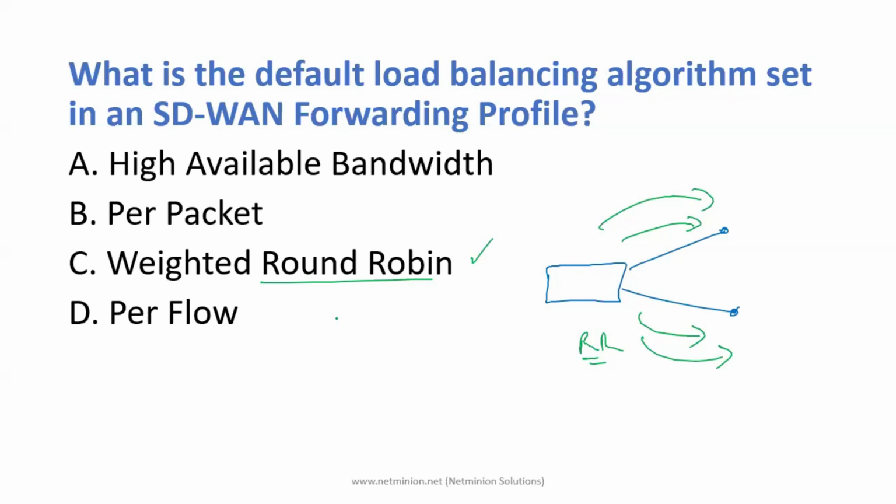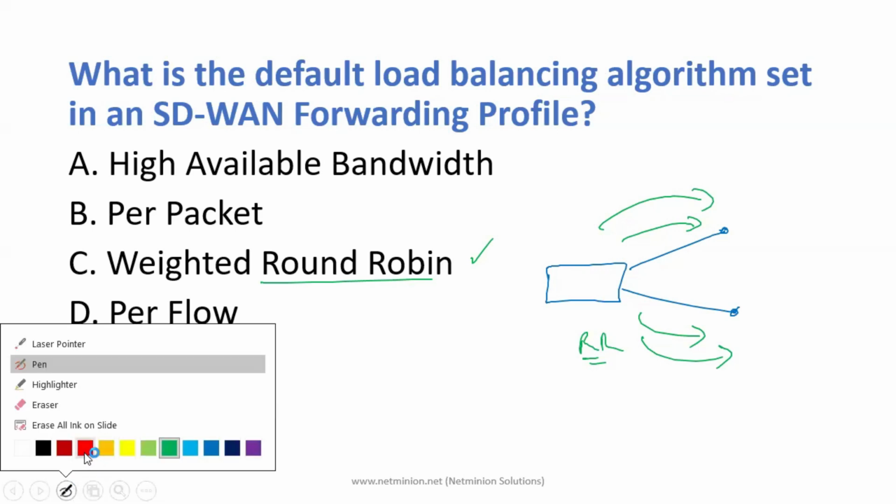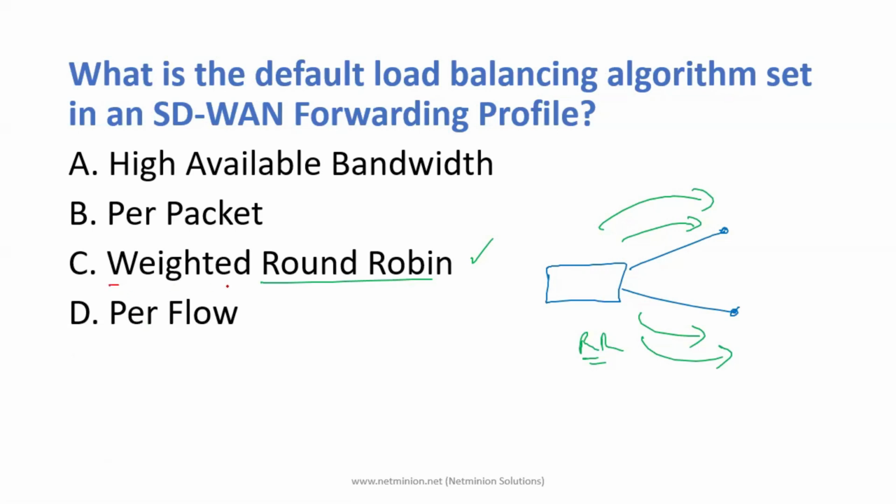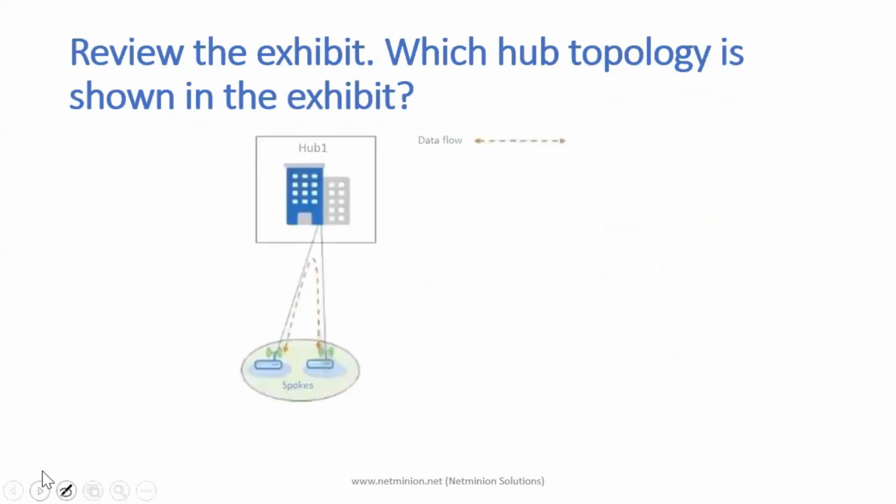Yes, sir, this makes it suspicious, because why weighted? It should be round robin. Sir, I think D option will come. I hope so, because weighted round robin is also bothering me. Okay, so let's consider it as per flow. Thank you. Let's go ahead.